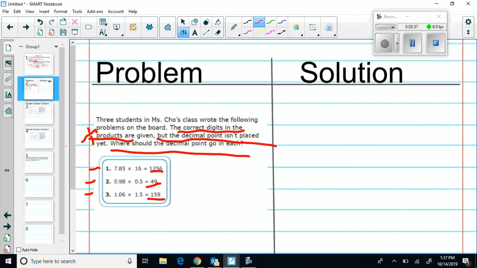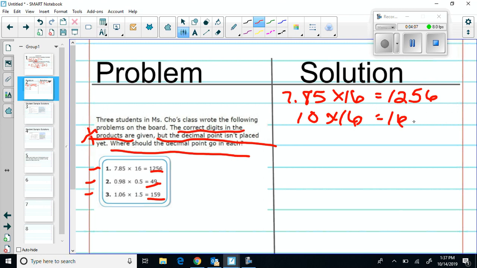I'm going to go ahead and look at number 1. I wish I wrote better with this pen. Okay, so we have 7 and 8500ths times 16. So basically, we say 7 and 8500ths times 16. That's easy to multiply.